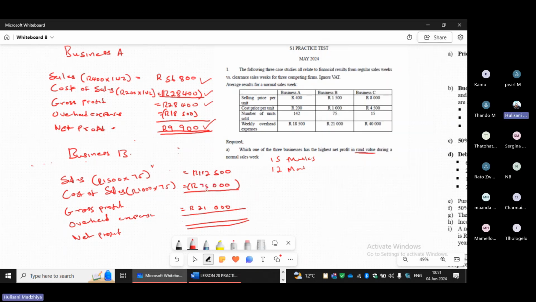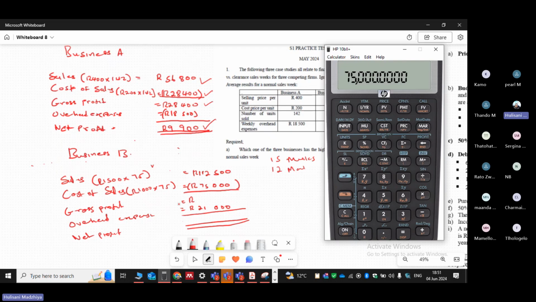And then from this point, we calculate our gross profit. What is the gross profit? So that's going to be 112,500, which is your total sales, minus your cost of sales, which is 75,000. This will then give you a gross profit of 37,500.